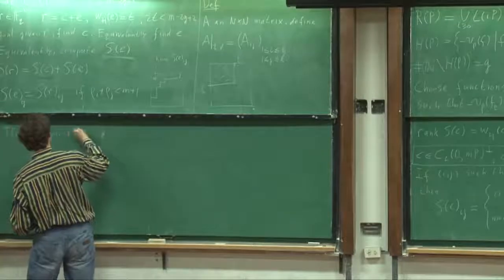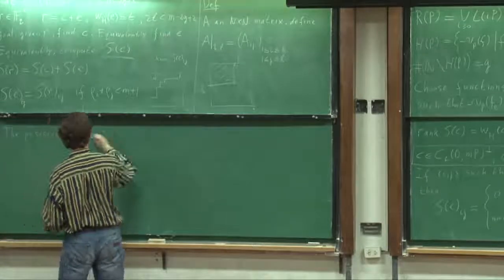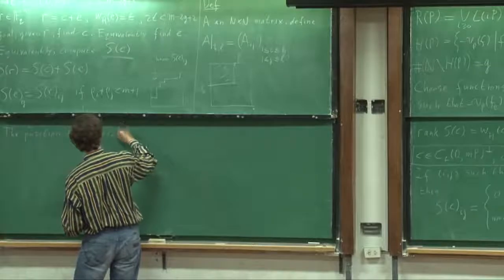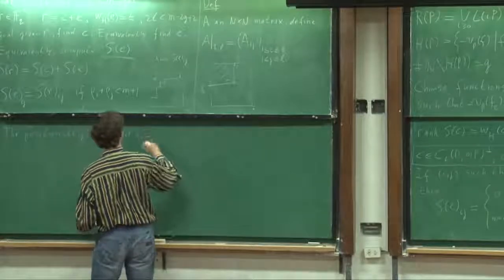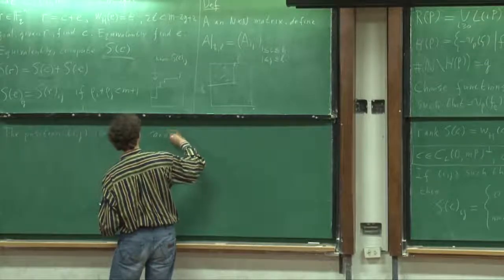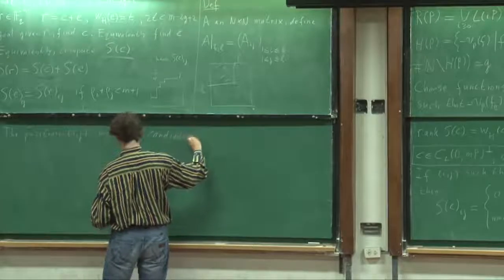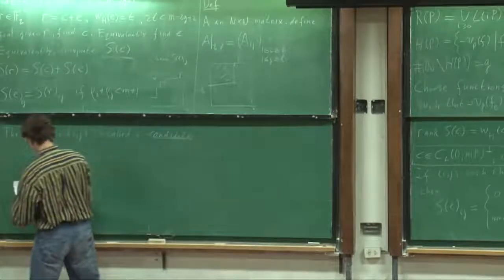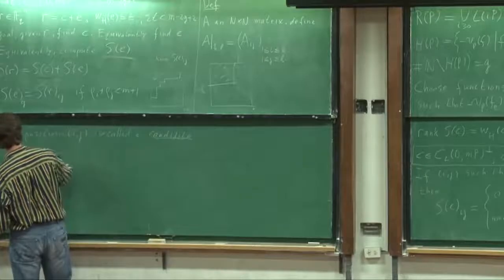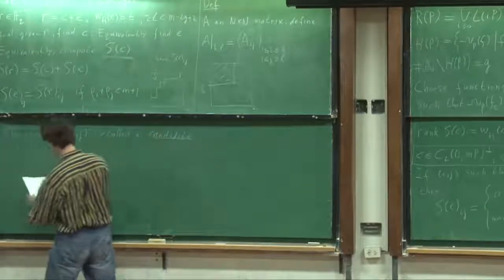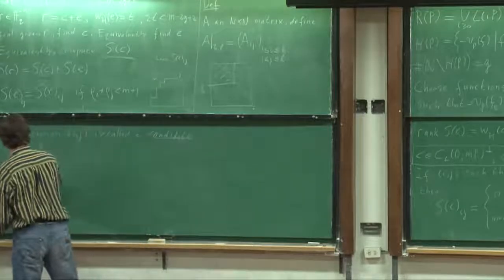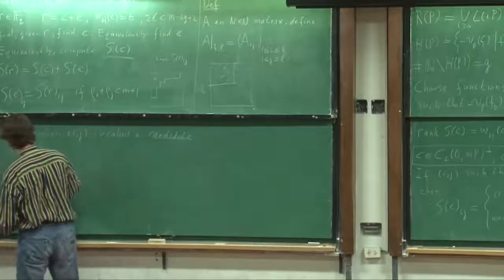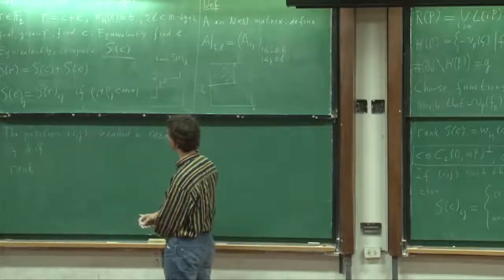The position (i, j) is called a candidate of A if, and then there's a condition, namely the rank of 3 matrices will have to be the same.